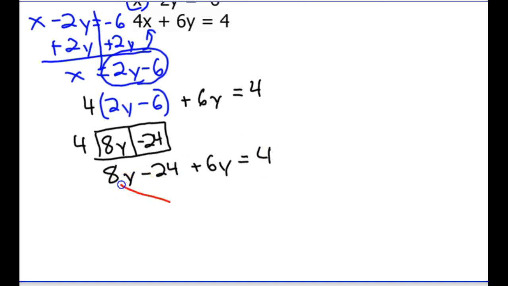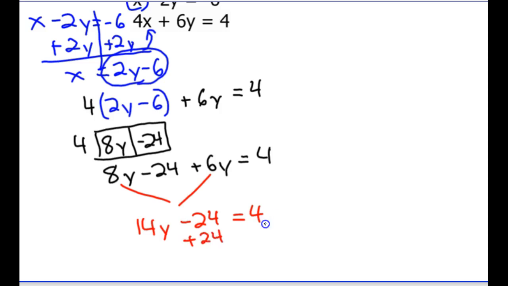Now we need to combine our y's, and we get 14y minus 24 equals 4.